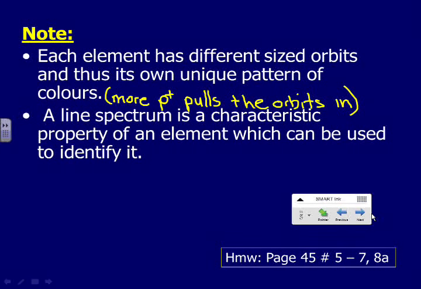So the orbits for lithium, its first orbit is closer to the nucleus than hydrogen's first orbit because it has more protons and it pulls it closer. Which means when lithium's electrons jump, they make different size jumps. And each size jump gives off its own color, so each element has its unique set of colors because all of their orbits are of different size.